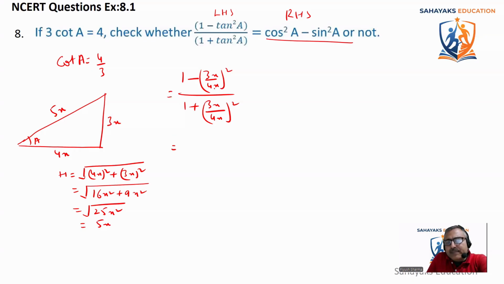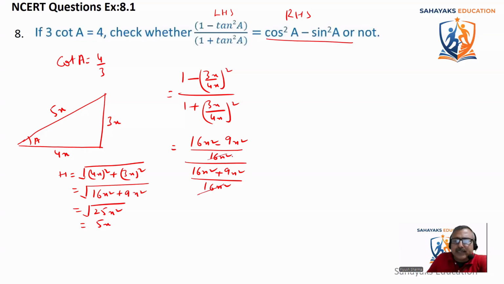So it becomes 4x square, that means 16x square minus 9x square divided by 16x square, divided by 16x square plus 9x square divided by 16x square. So this 16x square will cancel out with this 16x square. So it becomes 16 minus 9, which is 7x square, divided by 16 plus 9, which is 25x square. So the value comes out to be 7 divided by 25.